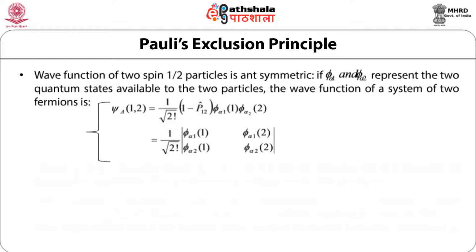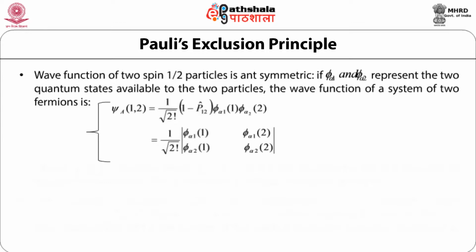That is, mathematically it can be written as 1 upon under root 2 factorial whole times the determinant of phi subscript alpha 1 1, phi subscript alpha 1 2 in the first row, and in the second row phi subscript alpha 2 1, phi subscript alpha 2 2, where phi subscript alpha 1 1 represents the first fermion in state alpha 1, and phi subscript alpha 1 2 represents the second fermion in the state alpha 1.